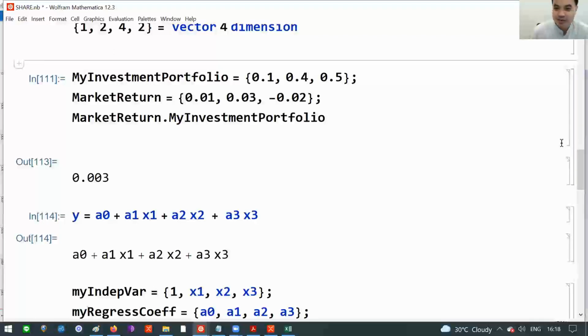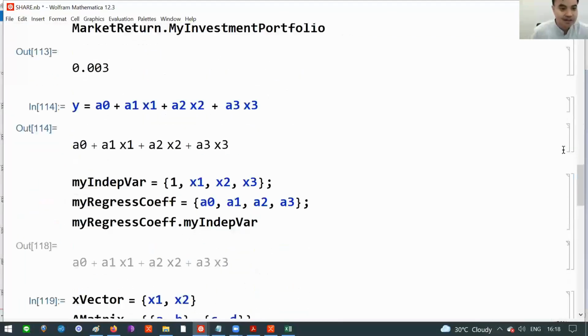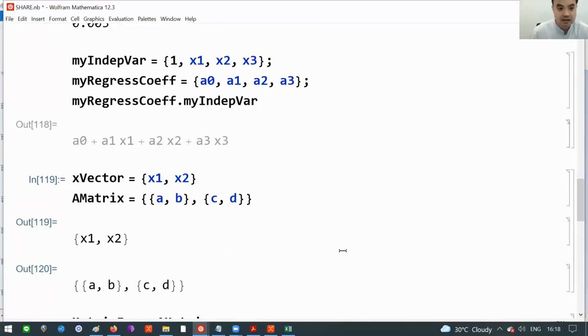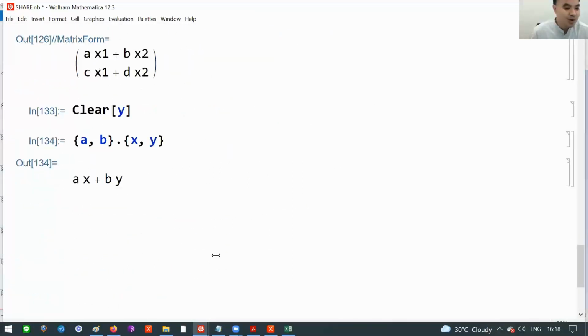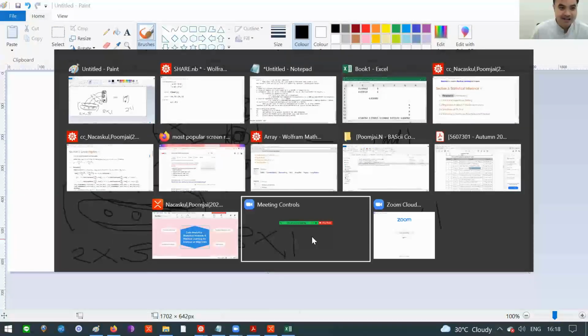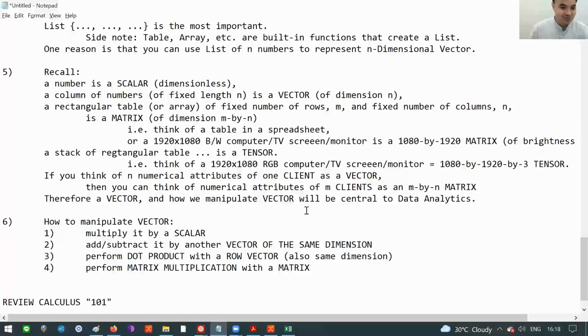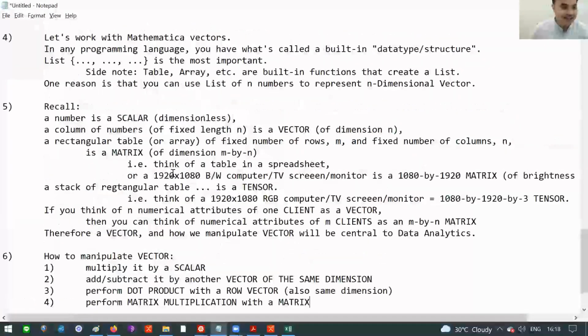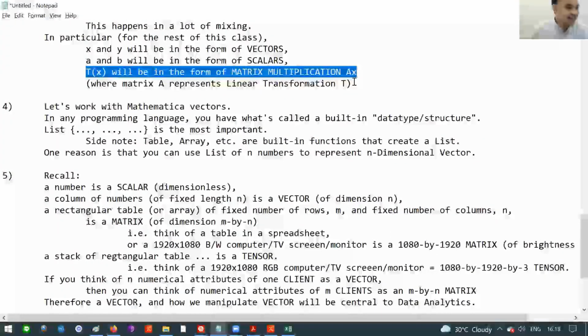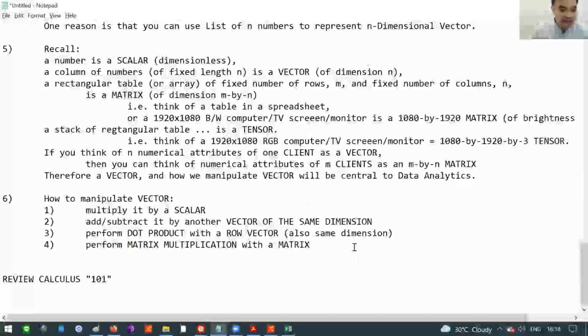Well, I'll show you what's important. What's important is that, watch this line carefully, T will be in the form of matrix multiplication. So I maintain that.